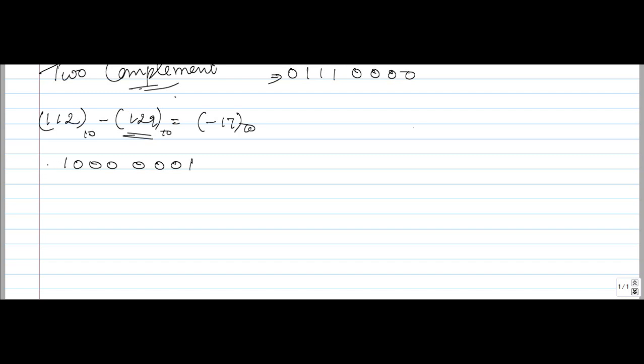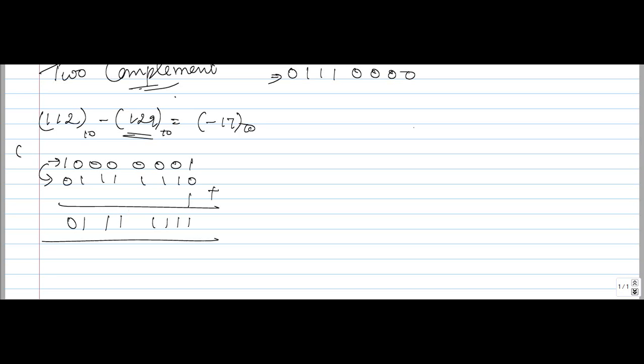Now I have to do the 2's complement for 129. First you have to take the binary value of 129. Then complement it once, so it would become 0 1 1 1 1 1 1 0. Then add 1. This is the procedure to take the 2's complement.